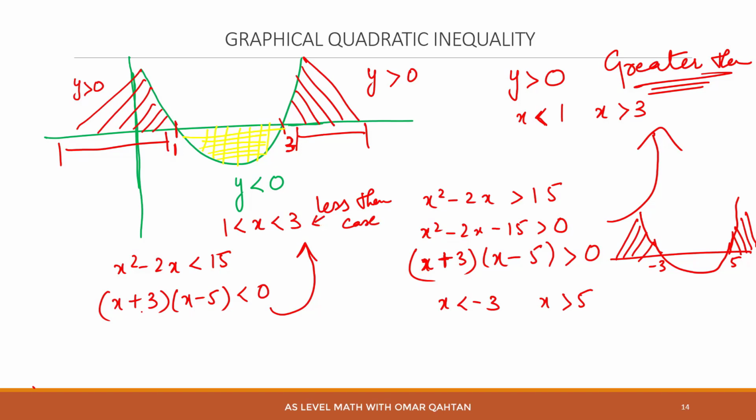So if (x plus 3)(x minus 5) is less than 0, we know the method to write it: it should be minus 3 less than x less than 5.